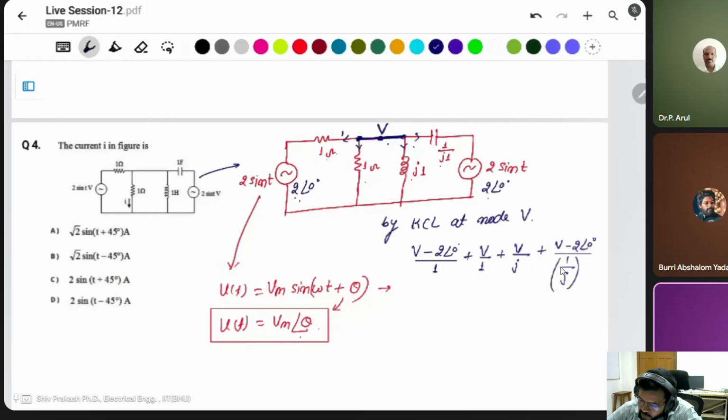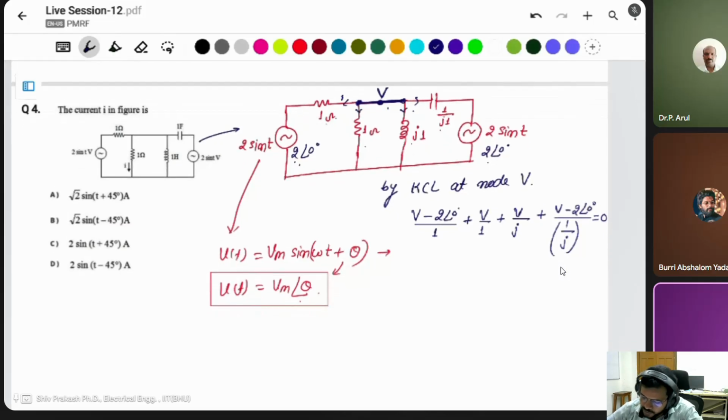Because of the capacitor this will be 1 by j. All the currents at the node, the algebraic sum, is equal to 0.